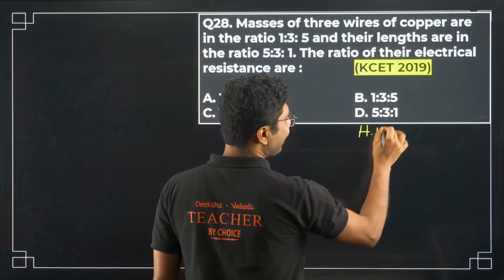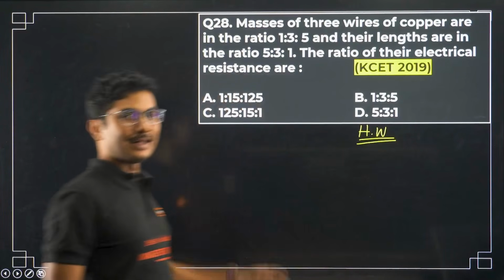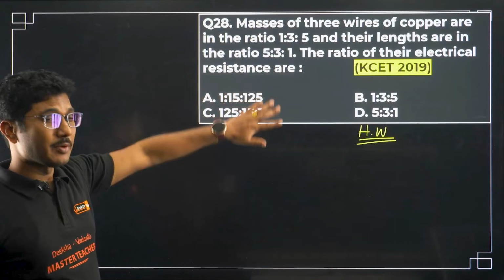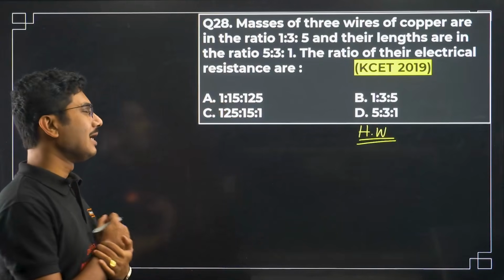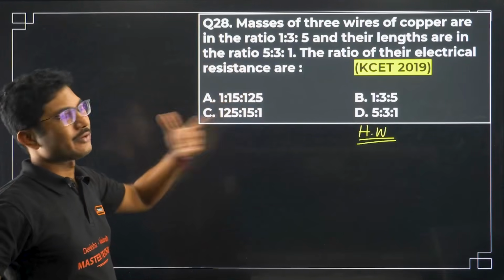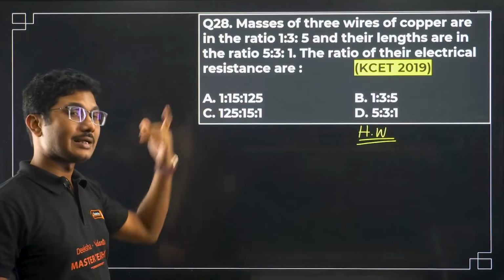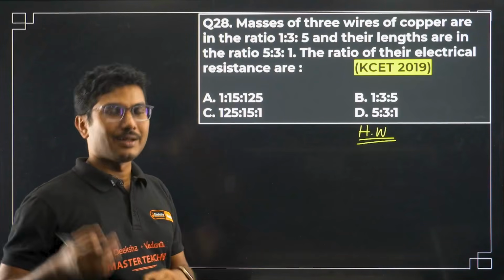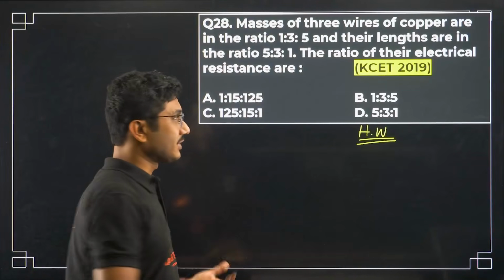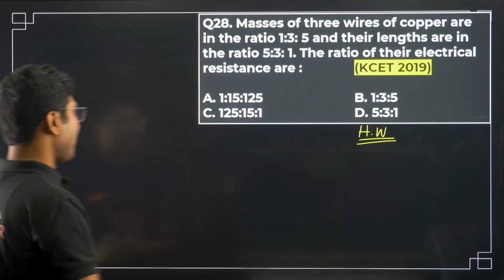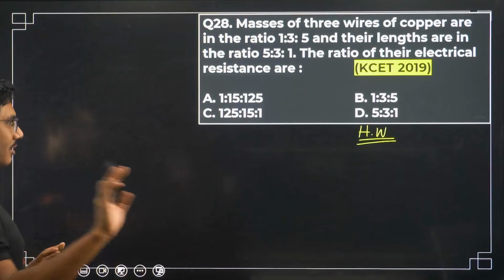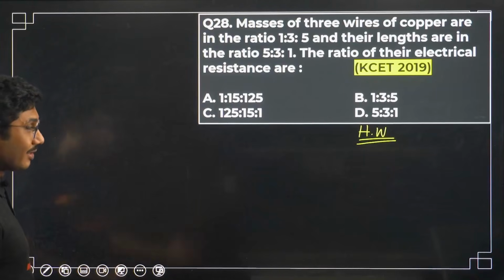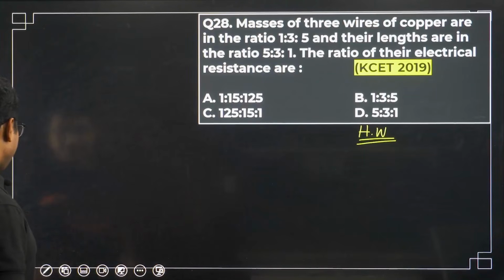Obviously, that's why I am giving it as homework. This type of question repeating in KCET has a slightly lower chance, but a similar question has come in JEE and in Comet K as well, but there is a very low chance of this question coming in the KCET exam. But I am not discouraging you. You can solve this question and mention the answer in the comments.